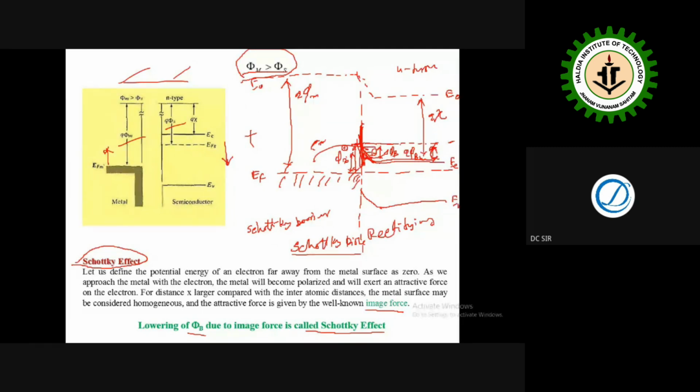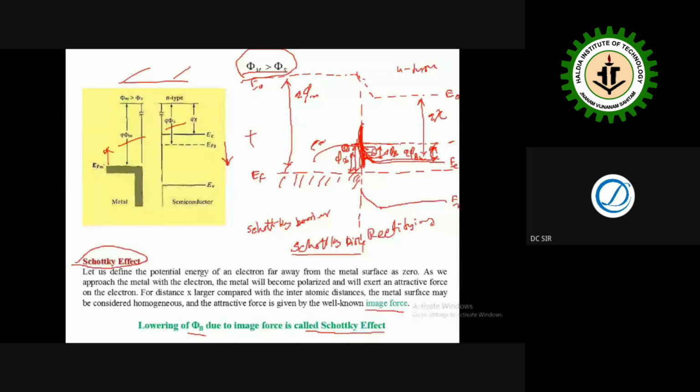If charge accumulates at the metal surface, what happens? At the same distance, on the inner side of the metal, an opposite, positive charge appears. This is the phenomenon of the metal surface when negative charge accumulates at the surface.